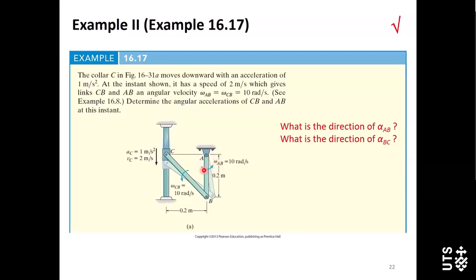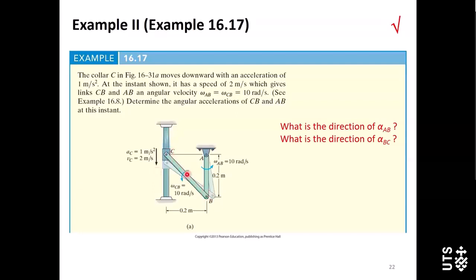It's counterclockwise. For collar C, this one is undergoing rectilinear translation, so the motion must be vertical. And here, we already know the direction of aC and vC. Both of them are downward vertical.